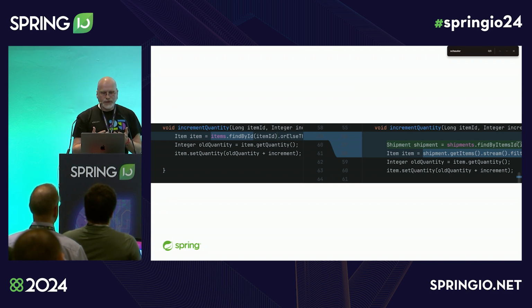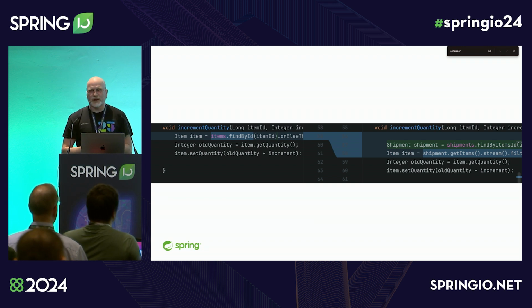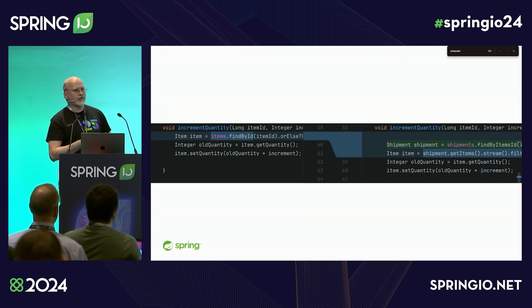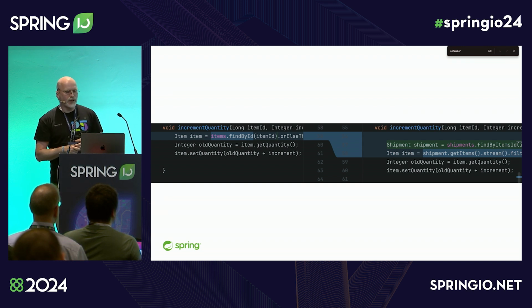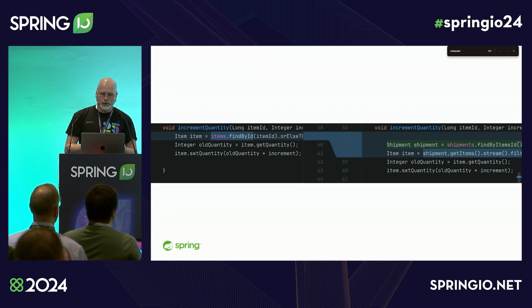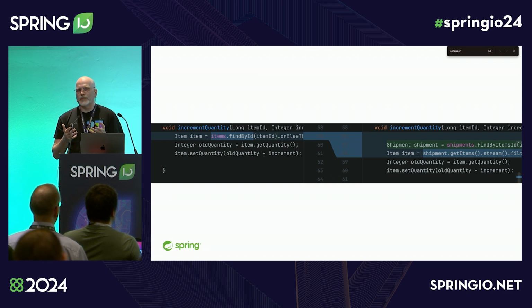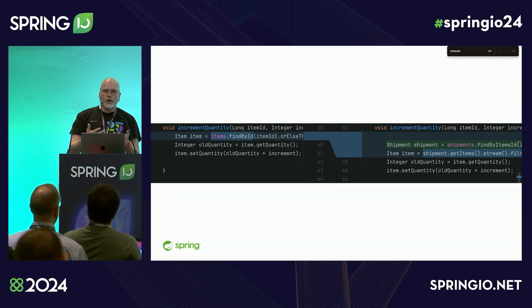In this case, I have this service method. They don't make too much sense. They are really created just to demonstrate the kind of issues you will find in your code. It accesses directly an item by ID and then changes the quantity. And now I have to access that item in a different way.